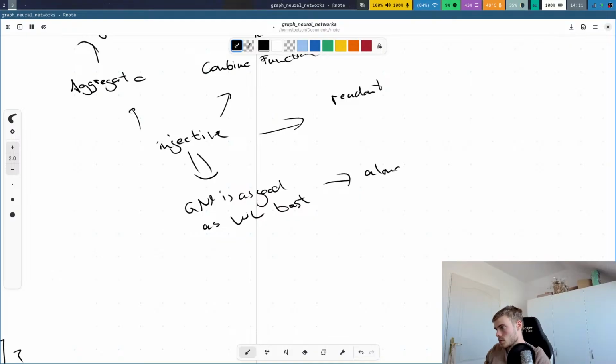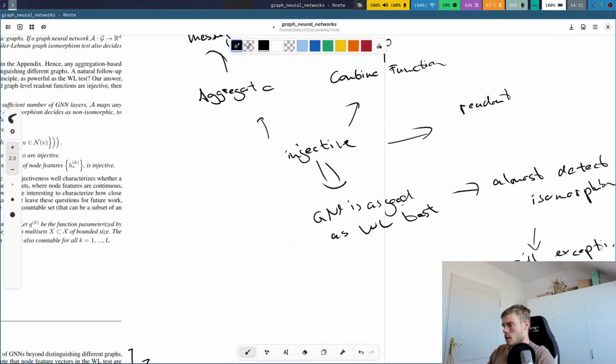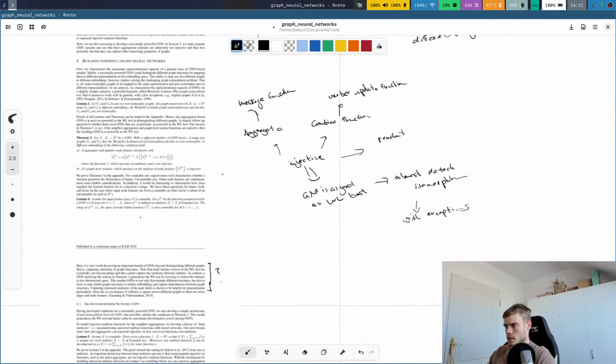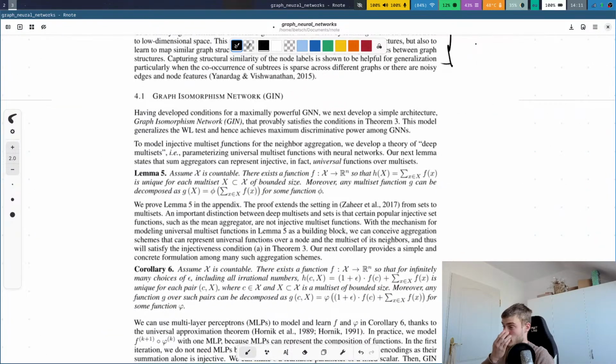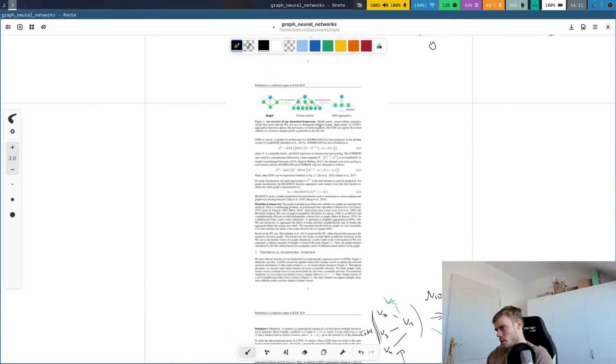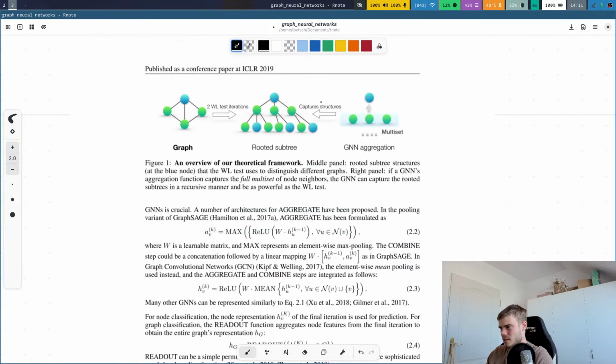Almost detect isomorphism, with exceptions. Right? This is their argument. Without really knowing what the WL test is, but we should probably try to understand it if we want to fully understand how they prove this.